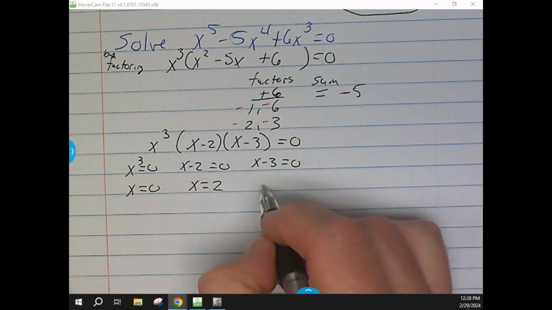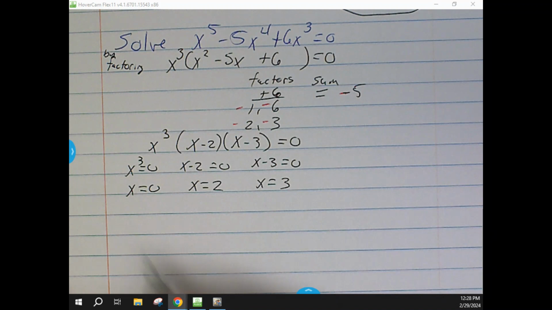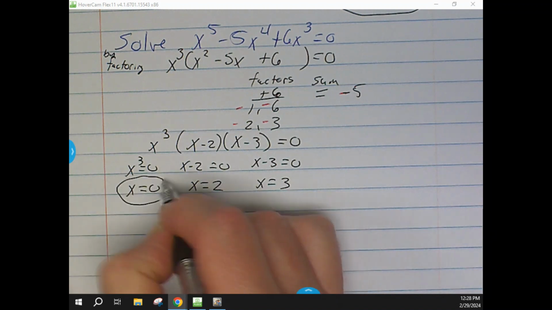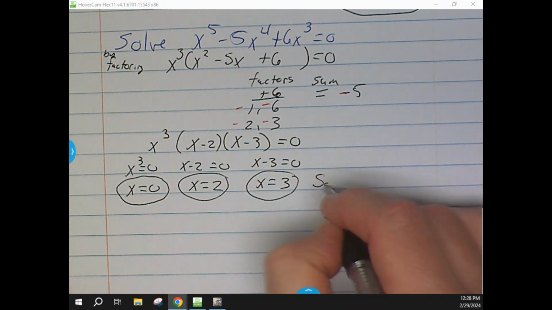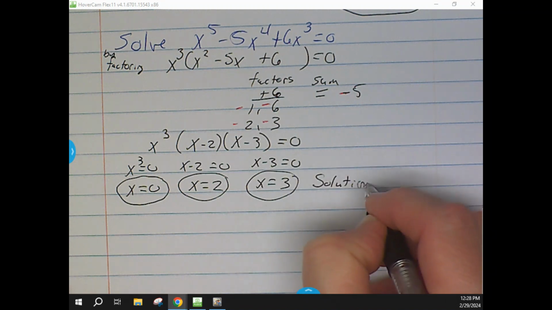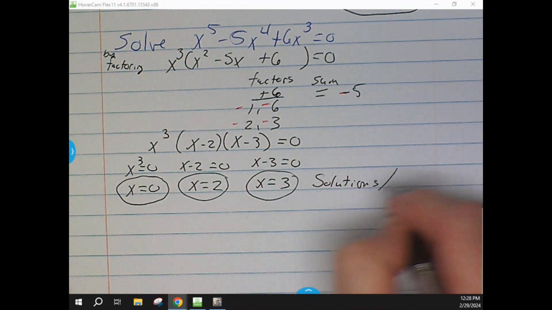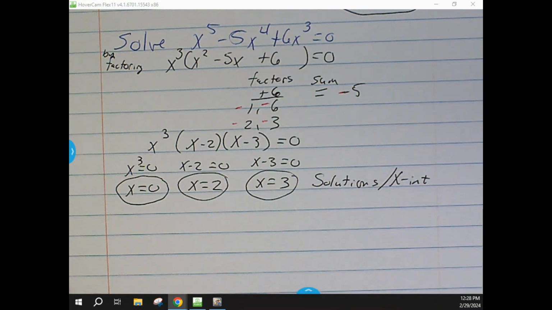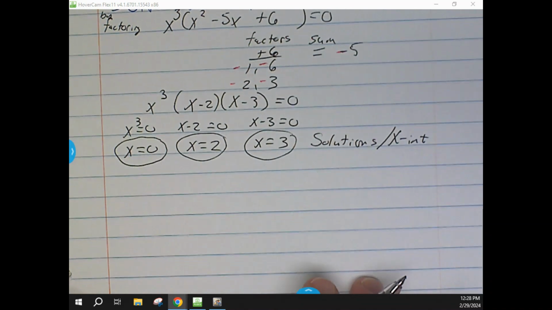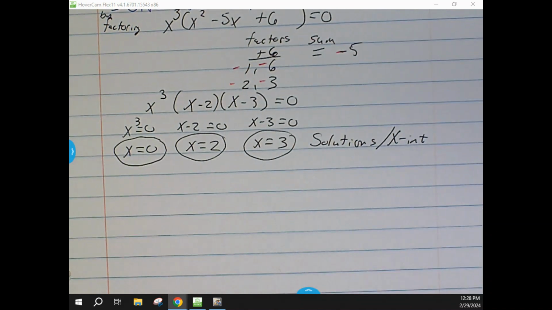This one we'll add 3, and we get x equals 3. Okay, so there's our solutions. That's our roots. That's our x-intercepts. That's whatever you want to call those things: roots, solutions, answers, x-intercepts. It's all the same thing, just depends on how they say it. It's just a little something different.